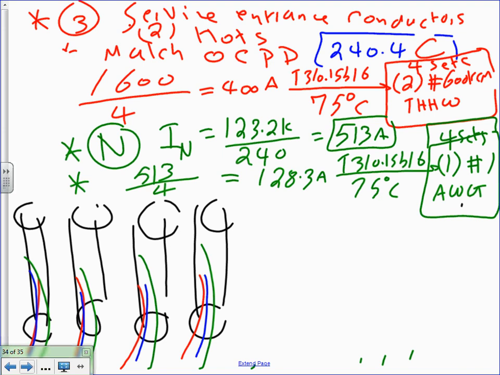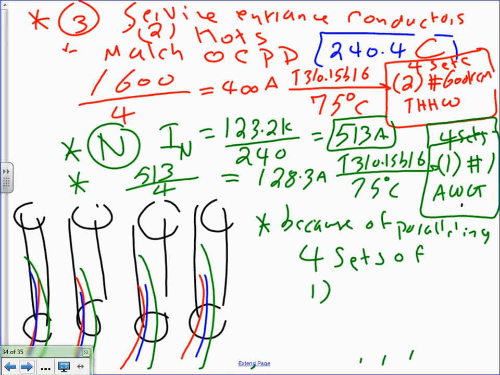Can you parallel number 1? What's the minimum conductor that you can parallel? 1 aught. Did you guys hear me? So that will force you to go where? So I'm going to write here that because of paralleling, I need 4 sets of 1 conductor, number 1 aught AWG THHW.